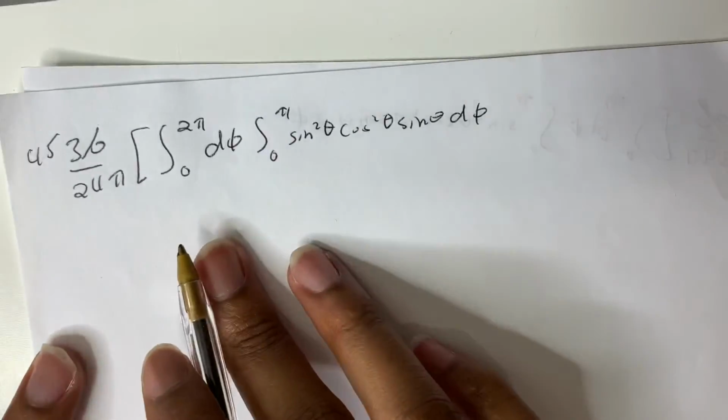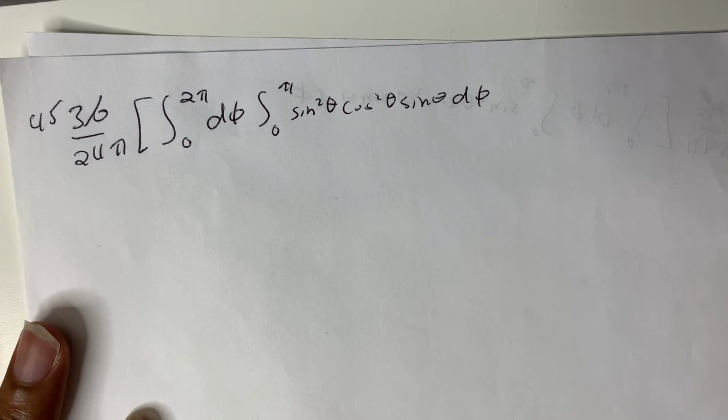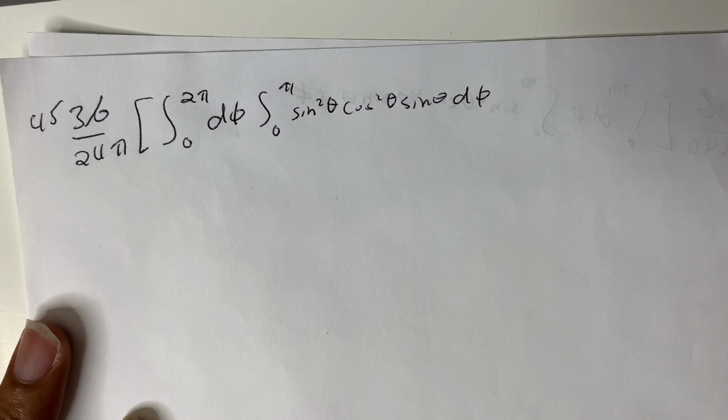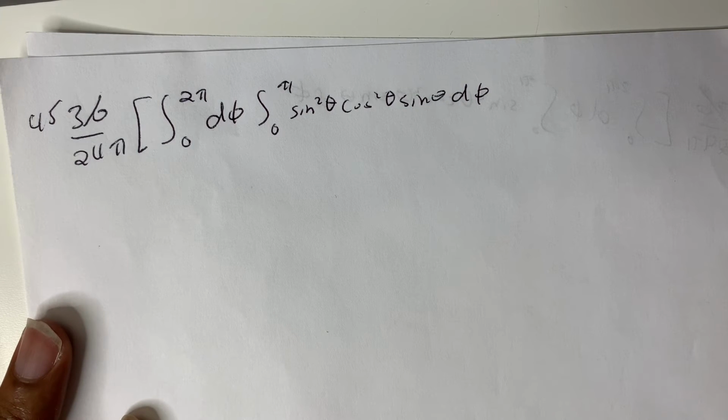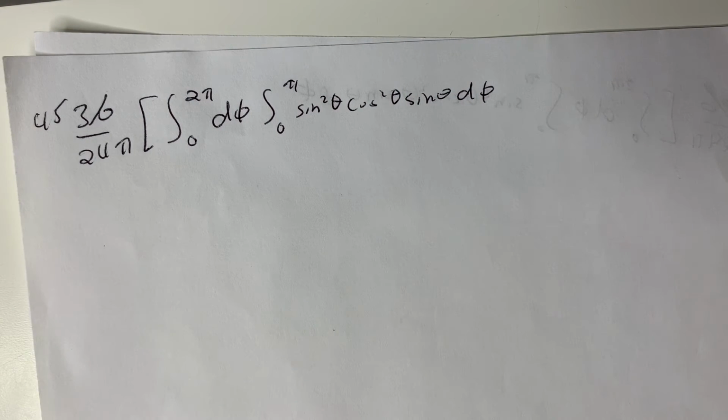Now this should have actually been 45 over 24 pi, because when I was squaring the angular wave function y12, I accidentally did 3 times 3 equals 6, but 3 times 3 is actually 9. That was my bad. I should have paid more attention.